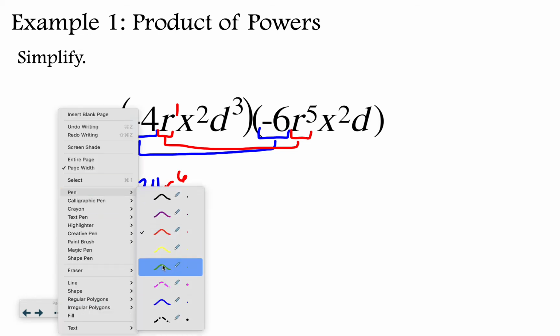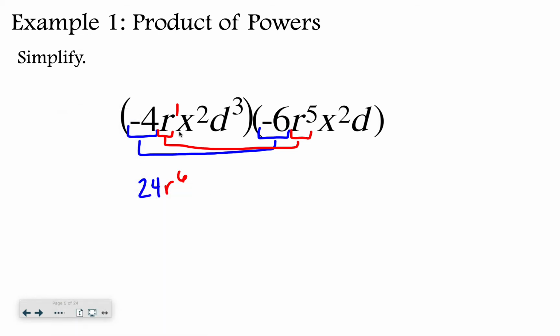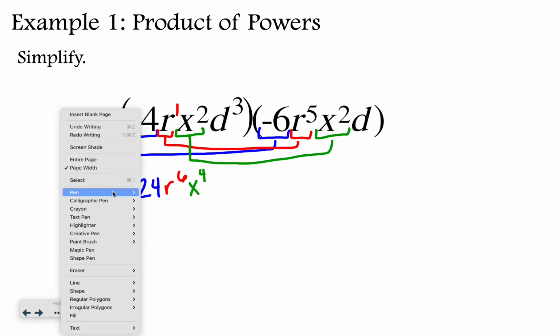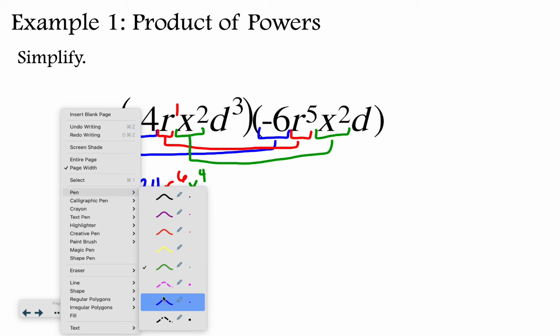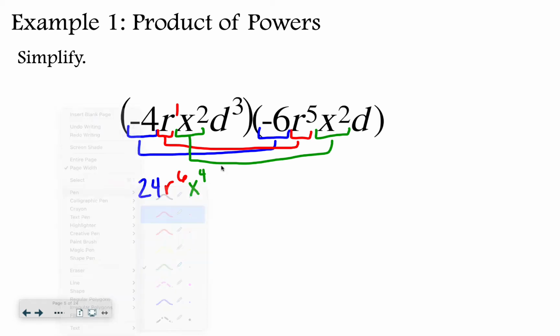Then I'm going to move on to my x term, and I have x squared and an x squared. So x squared times x squared becomes x raised to the 2 plus 2, or 4th power. And now I have my last one: d to the 3rd and just a regular d over here, so this is d to the 1st.